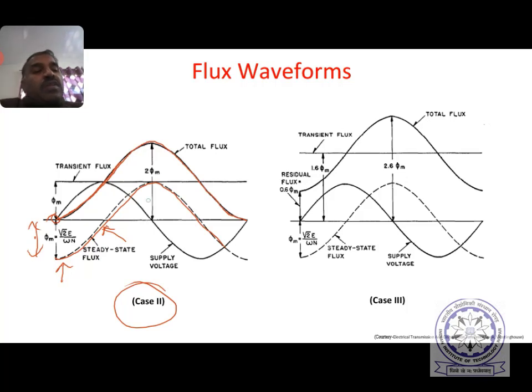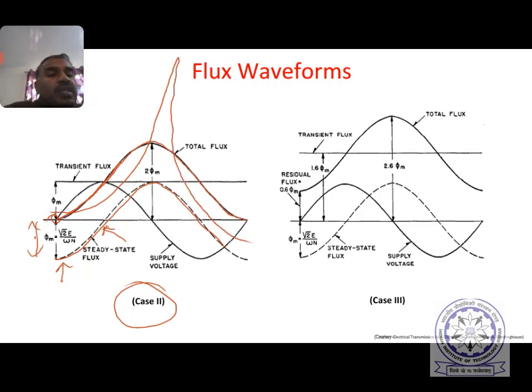Therefore, for this 2 phi m, a huge current will flow inside the transformer, the current will be peaky in nature, and a huge magnetization current will flow like this. Similarly, in this case, certain residual flux is already there, and it is going through the negative maximum when we are switching on. This is what we have actually drawn.